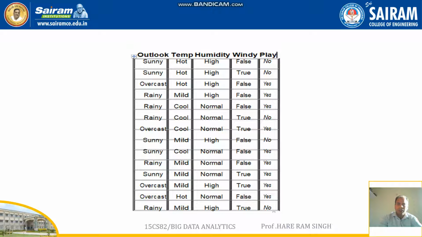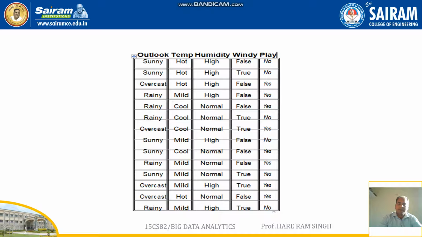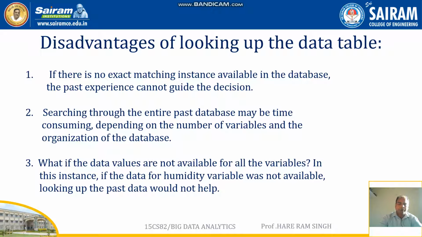Fortunately here in this data table the values of all variables in all situations are given, but suppose a case in which the value of some variable is missing, then how can you find the solution for this case? That is another problem. So these are the three disadvantages of looking for the answer in the data table.